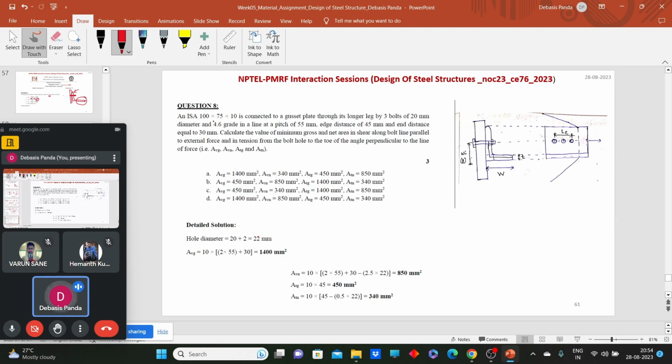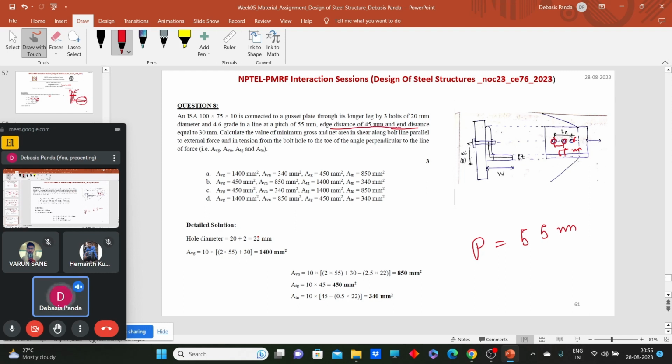An ISA 100 into 75 into 10 is connected to a gusset plate through its longer leg by 3 bolts of 20 diameter and 4.6 grade in a line. Pitch is given as 55. So we have 3 bolts, 1, 2, 3, with pitch 55. One more thing is provided, the edge and end distances.